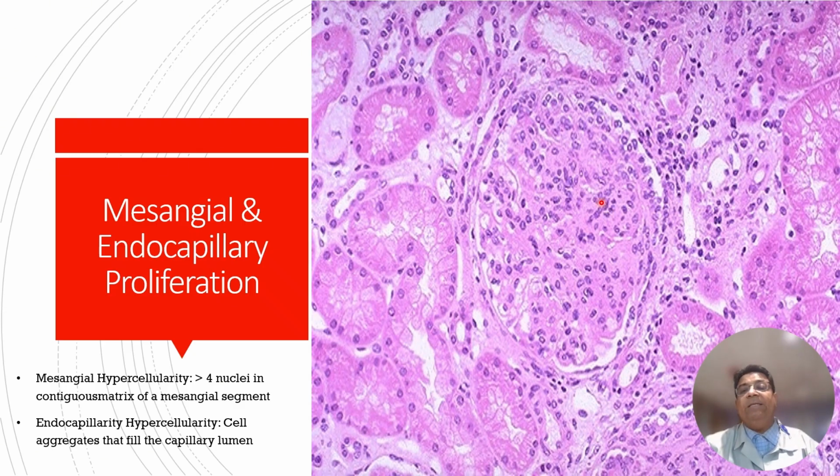As you can see here in this contiguous area of mesangium, there are definitely more than 4 cells. So mesangial hypercellularity is defined as more than 4 nuclei in a contiguous matrix of a mesangial segment. And endocapillary hypercellularity is when cell aggregates fill the capillary lumen.